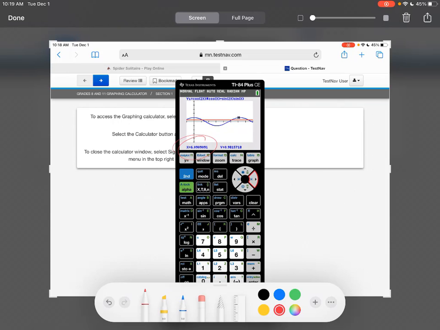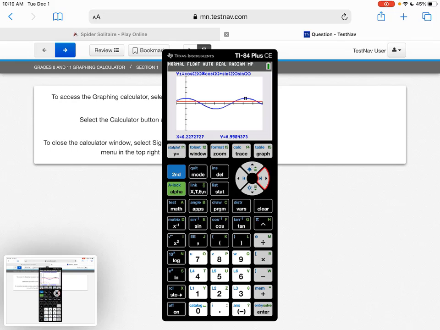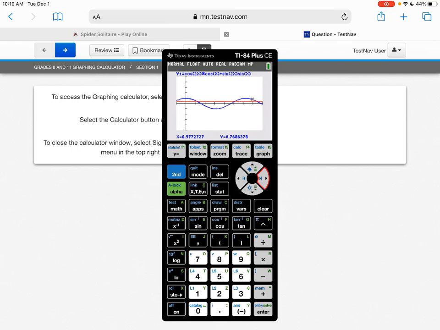Okay, so 2 pi is roughly 6.28. So let's go back to here and keep going our trace, and notice we are past, look at the x value here, we are past 6.28. So this intersection here is actually the second time around the unit circle. It is not a solution for between 0 and 2 pi, so we can ignore that.